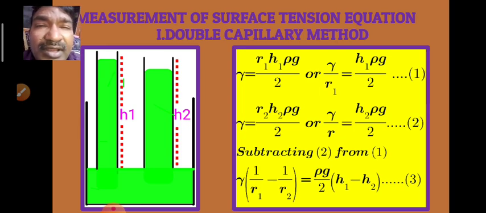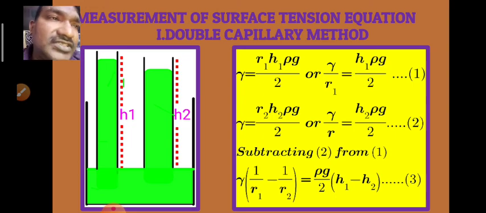Now we apply equation 4, derived previously. As a result we get gamma is equal to r1 h1 rho g by 2, where r1 is the radius of the first capillary tube and h1 is the height in the first capillary tube. In a similar way, we can write the equation for the surface tension as r2 h2 rho g by 2.